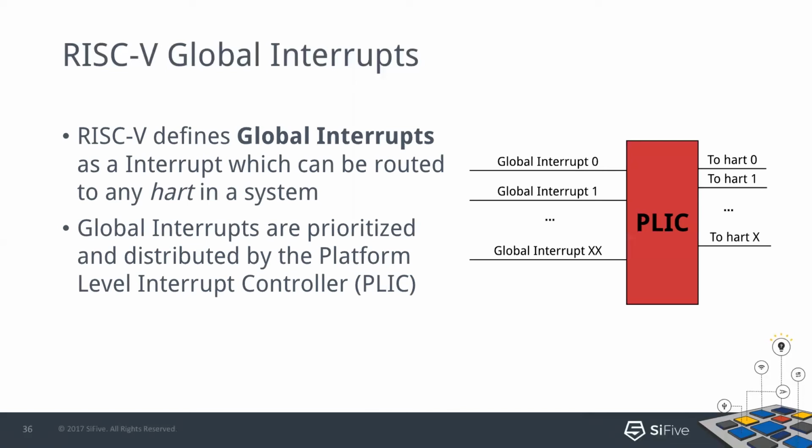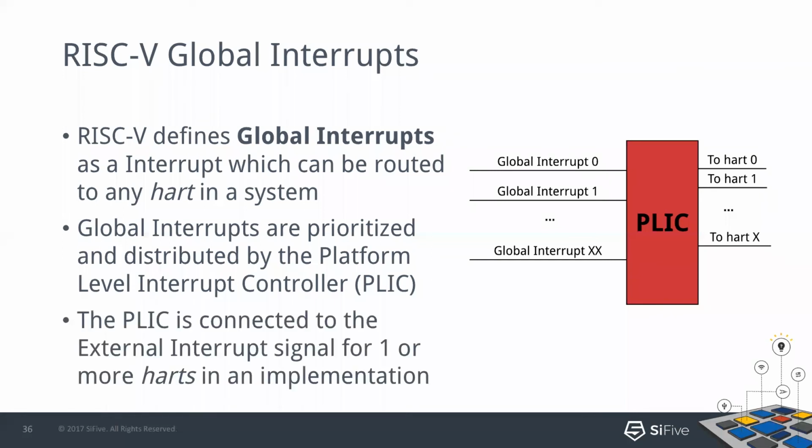In the graphic here, we can have multiple global interrupts entering the PLIC on the left, and then the PLIC distributing those interrupts appropriately to different parts of the system. The PLIC is connected to the external interrupt signal that we talked about earlier for one or more harts in a given implementation.